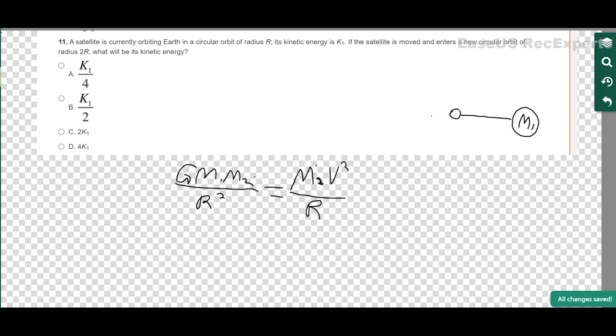This is m1, and this is m2. The object orbiting is m2. The object that is being orbited is m1, and the m in m v squared over r is equal to the orbiting object. So these two do relate to each other.